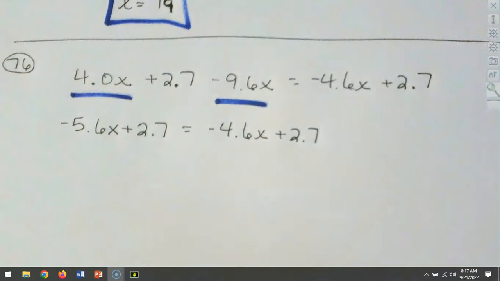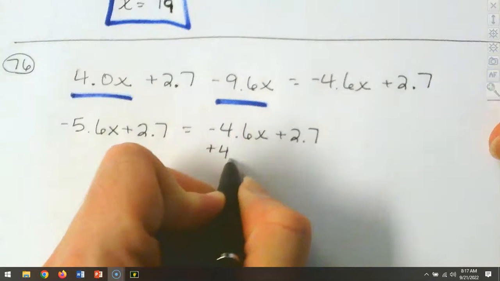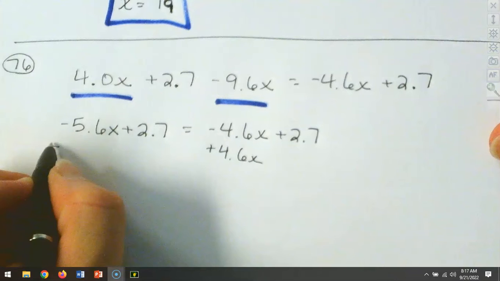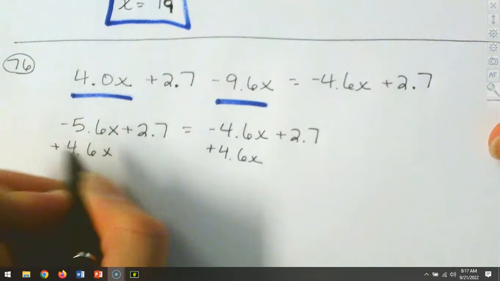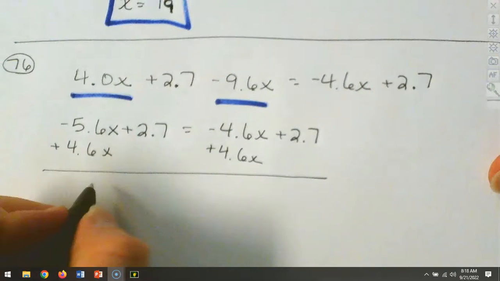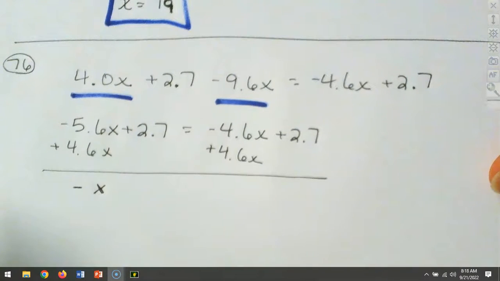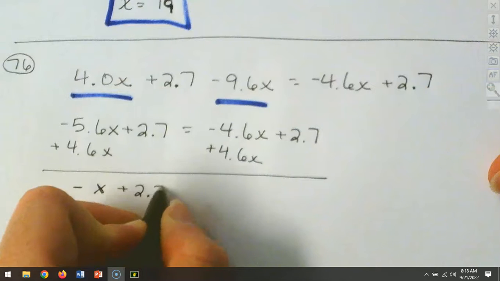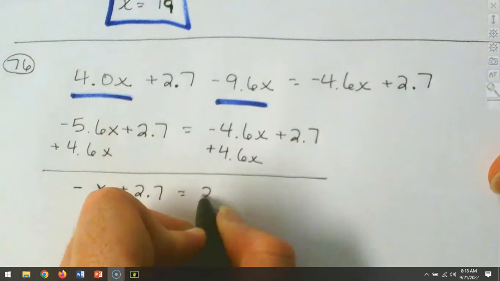Okay, and I introduced this one because this shows us a new concept as well. We need to solve it, just like we've done all of the others. Okay, and how do we go about doing that? Move things around. So I'm going to add 4.6x to each side. So 4.6x gets moved over. Minus 5.6 plus 4.6, that leaves you with a negative x, plus 2.7 equals 2.7.